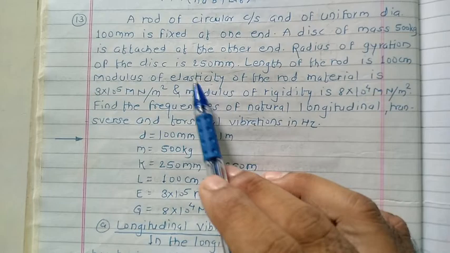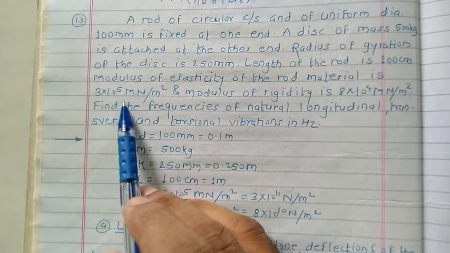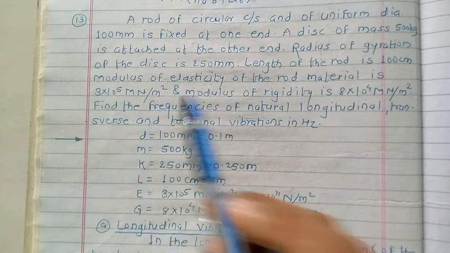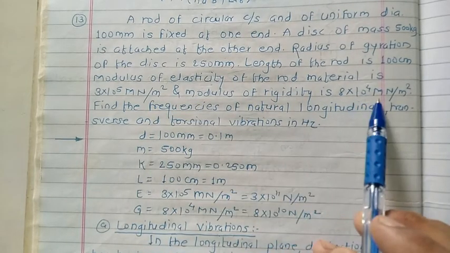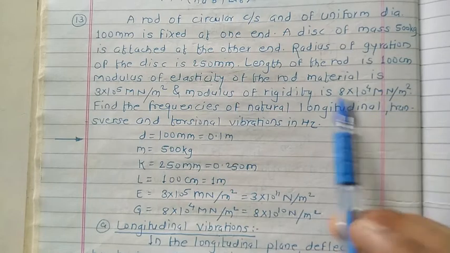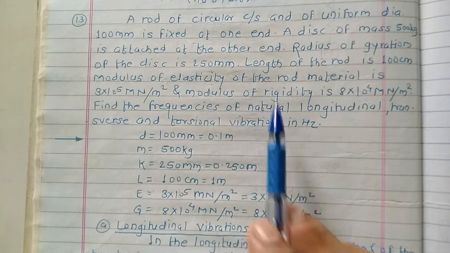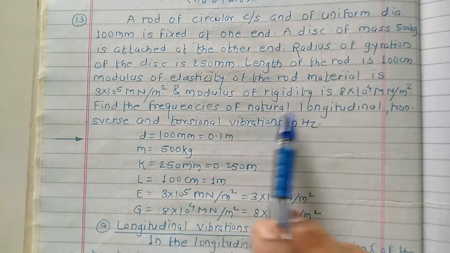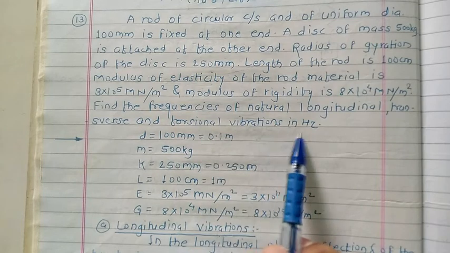Modulus of elasticity of the rod material is 3 into 10 raised to 5 mega Newton per meter square, and modulus of rigidity is 8 into 10 raised to 4 mega Newton per meter square. Find the natural frequencies of longitudinal, transverse and torsional vibrations in hertz.